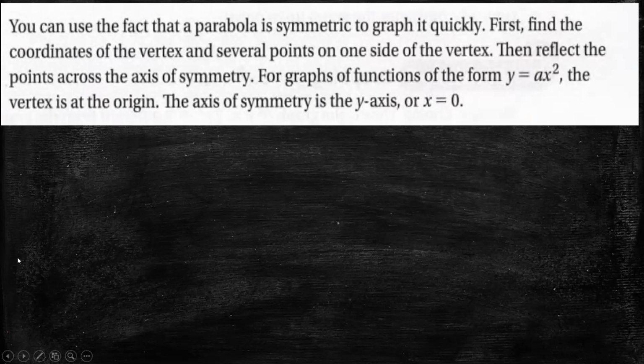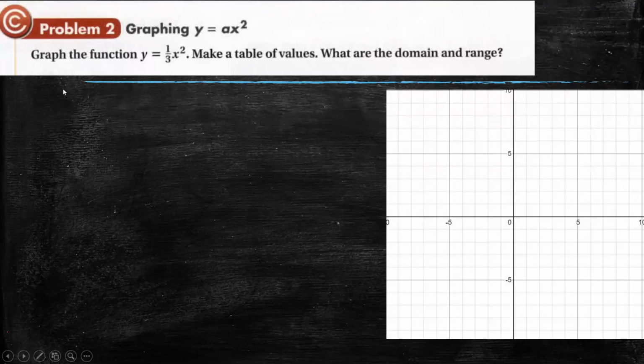Let's have this example here. Graphing y equals a x squared. Graph the function y equals one third x squared. Make a table of values, and find the domain and range. Now, all of you, please concentrate with me and look here.